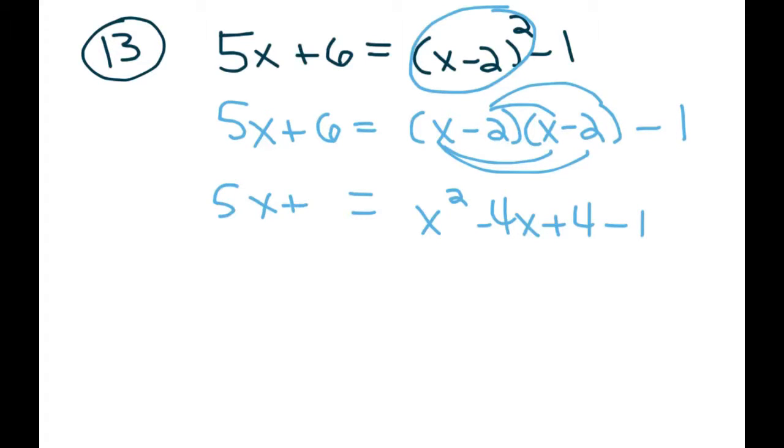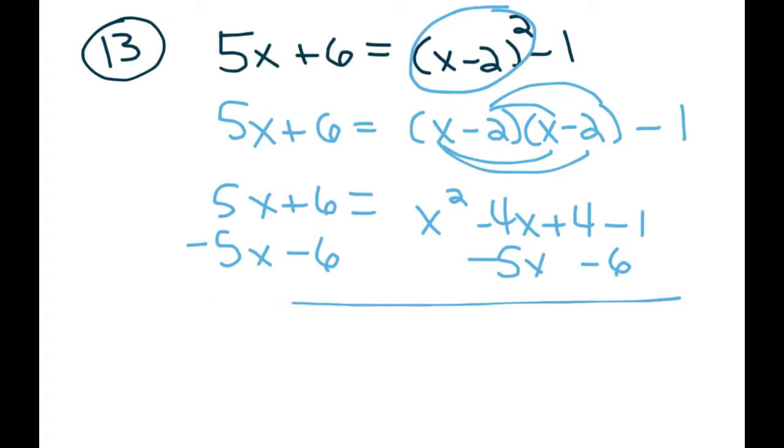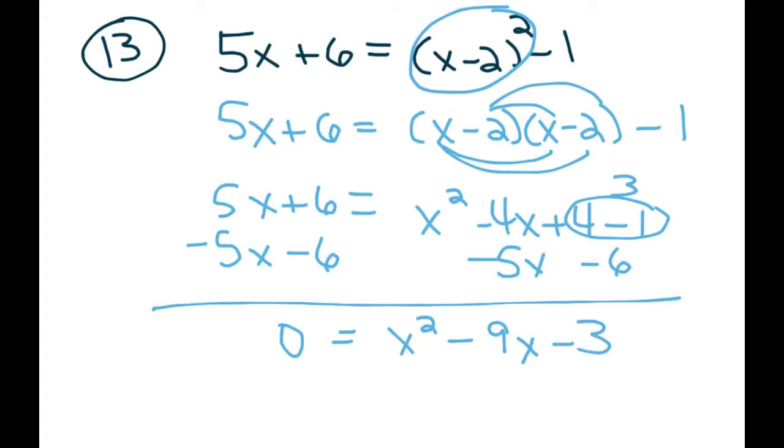Okay, next, we want this equation to equal 0, and probably the best way to do it is to move the 5x and move the 6. So we're going to make the left-hand side equal 0 because it really doesn't matter which side equals 0. And you're left with x squared minus 9x. 4 minus 1 is 3, and 3 minus 6 is negative 3.